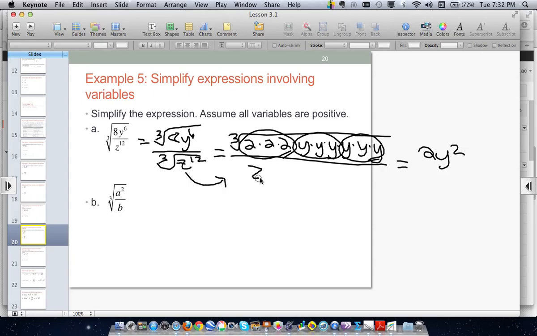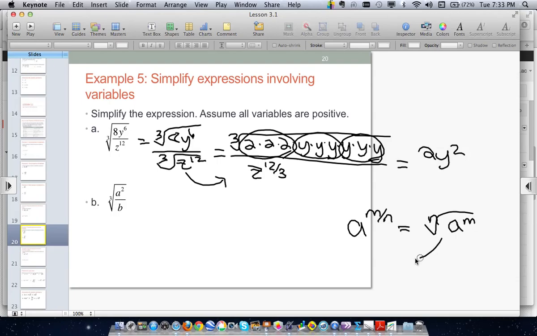I could say that this is the same thing as z to the 12 over 3. Remember, if I have a variable being raised to a rational exponent, I can rewrite that in radical form, where the denominator is the root, the nth root, and then whatever the numerator was is the exponent on the inside.